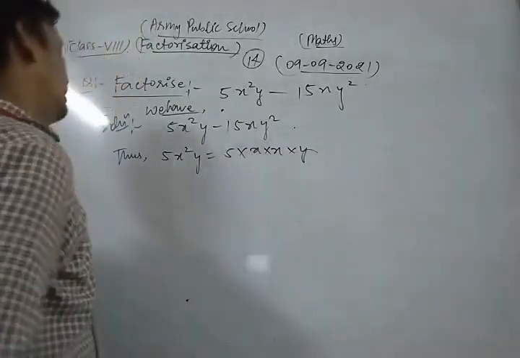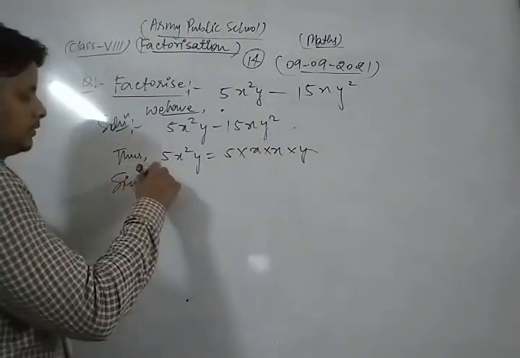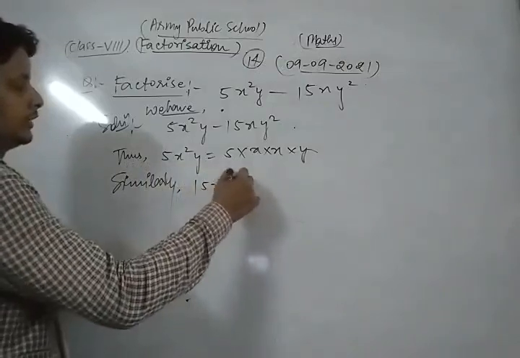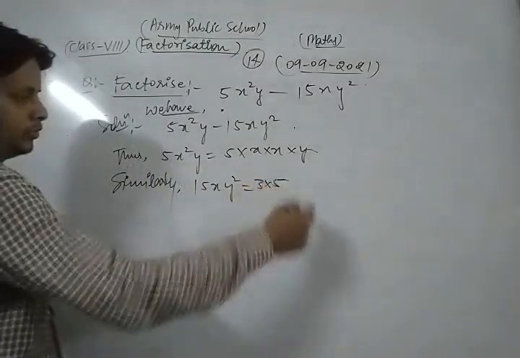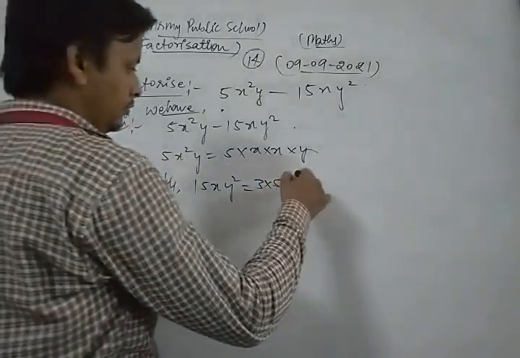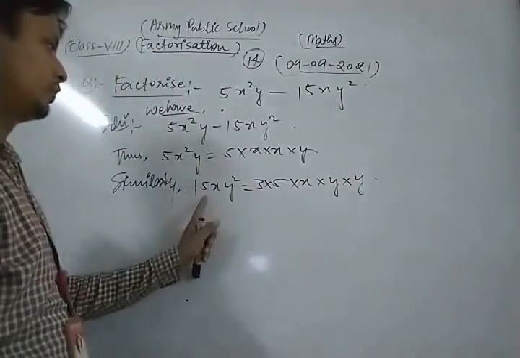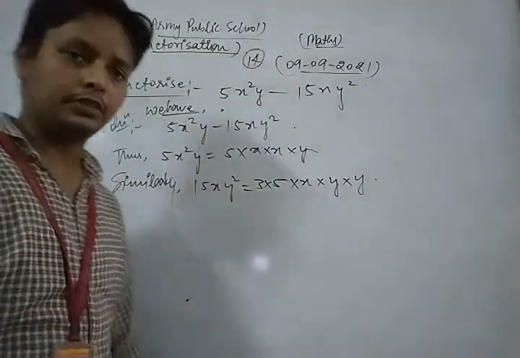Similarly, dear students, we take the 15xy square, so we can write 3 into 5 into x into y into y.